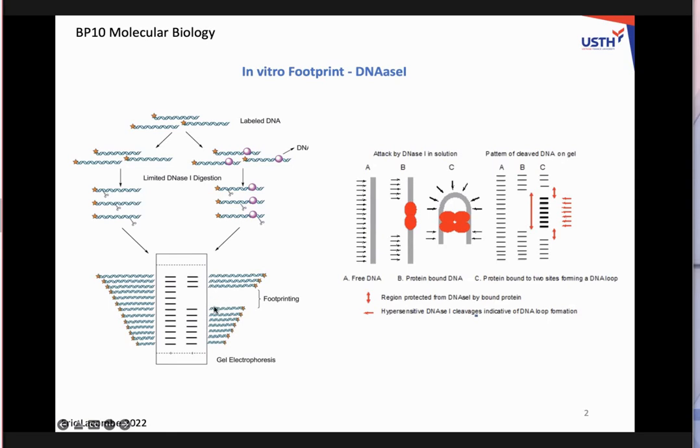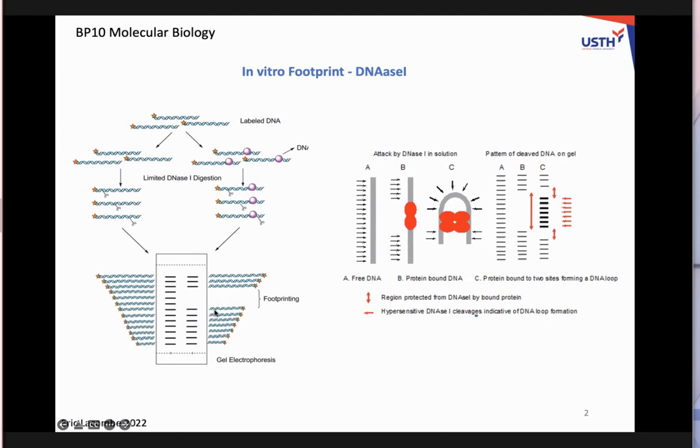So there is a gap here, and this gap, this is what we call the footprint. The footprint. And it is the place where the transcription factor was bound, and because it was bound to DNA, the DNase couldn't cut at that place.